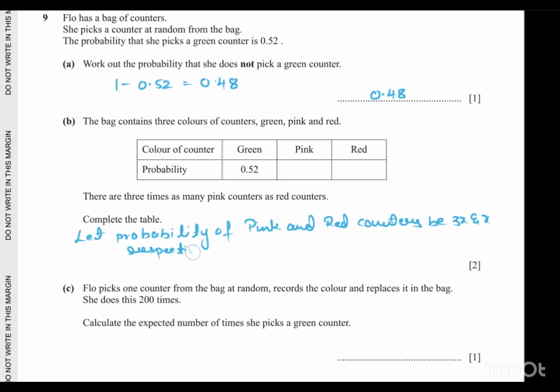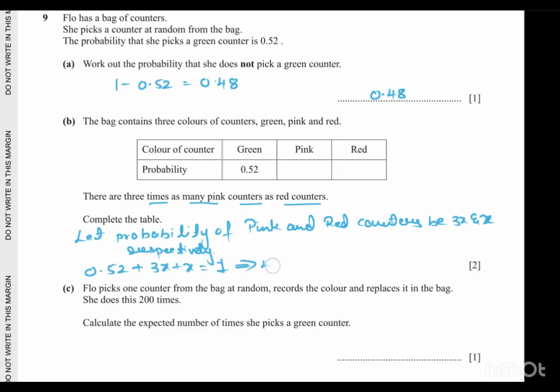Why did we take 3x and x? Because they said here that there are 3 times as many pink counters as red. So red is x, so pink will be 3x. Now using the sum of probabilities as 1, 0.52 plus 3x plus x is equal to 1.